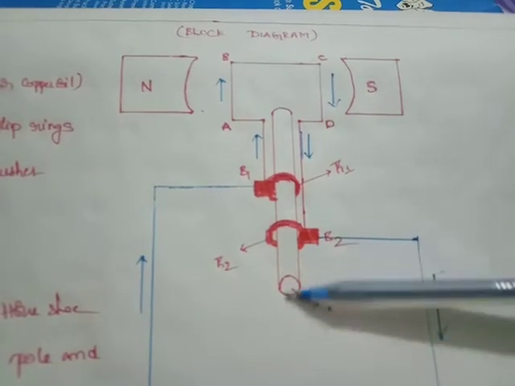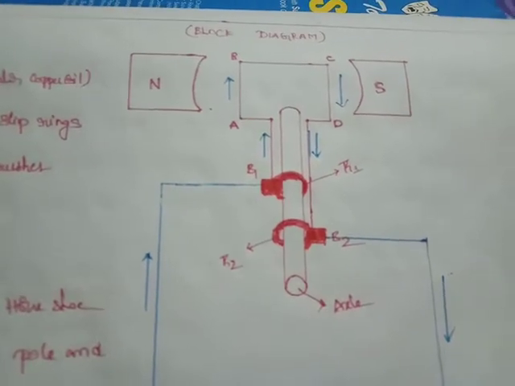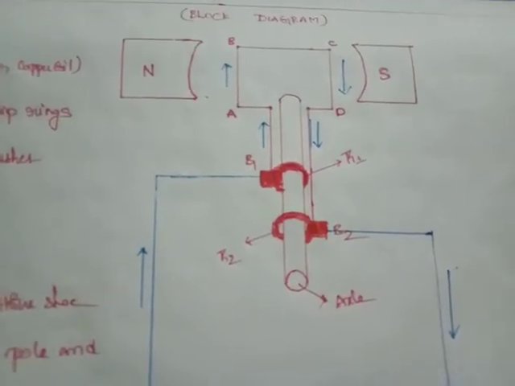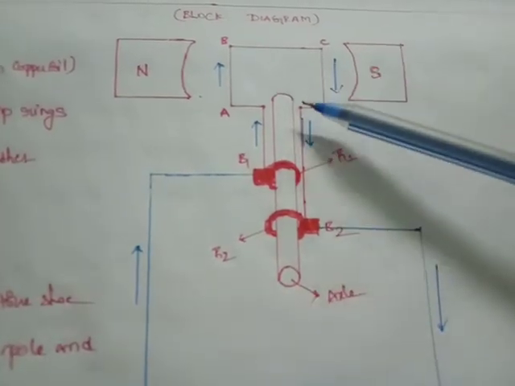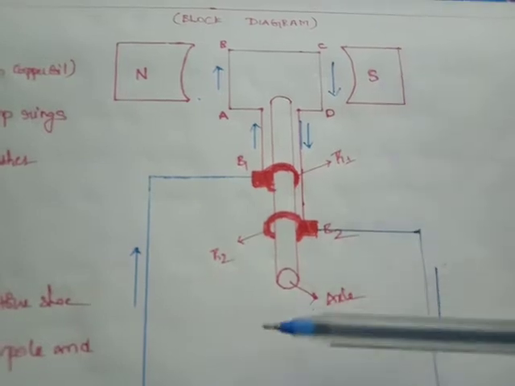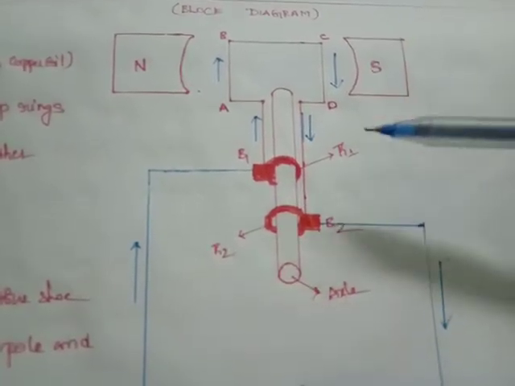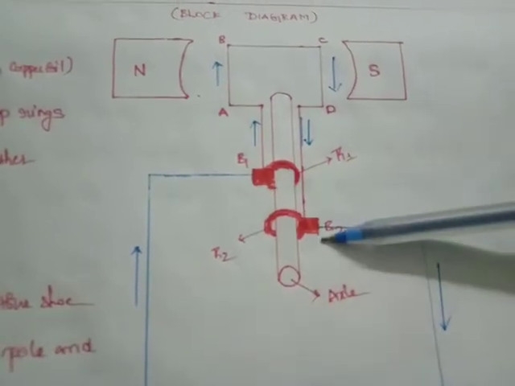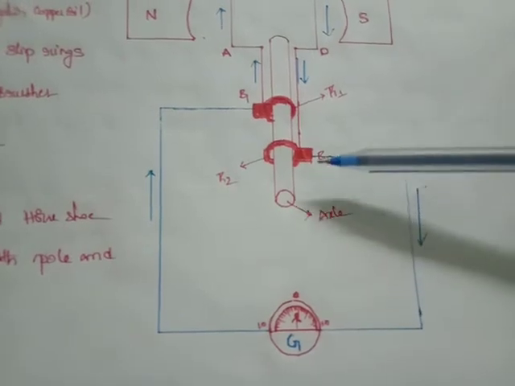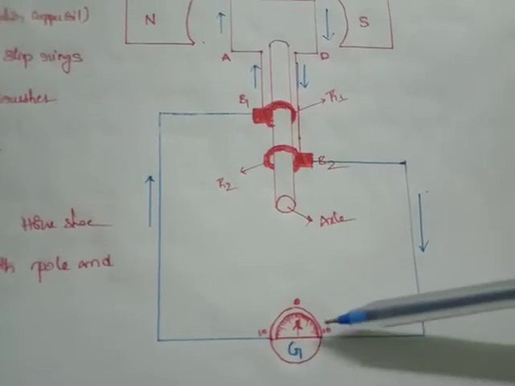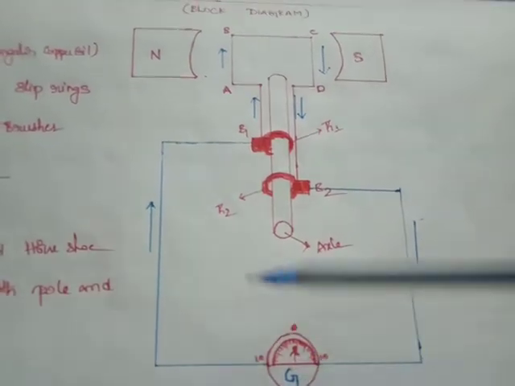When we pull or push the shaft by hand, the axle rotates. When the axle rotates, the moving coil also rotates, connected through these slip rings. The two brushes are connected to the galvanometer. B2 is connected to one end of the galvanometer and B1 to the other end.